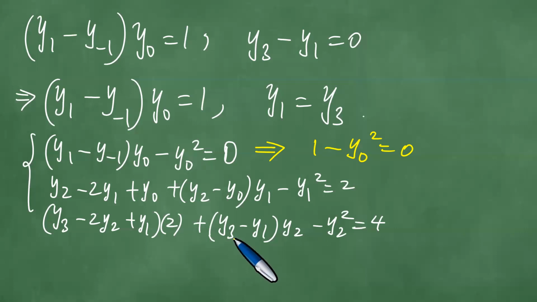This one, the y3 minus y1 equal to 0, is going to just become 0, everything. But also, this one means that y0 squared is 1. So we have some benefits from that wherever you see y0 squared.